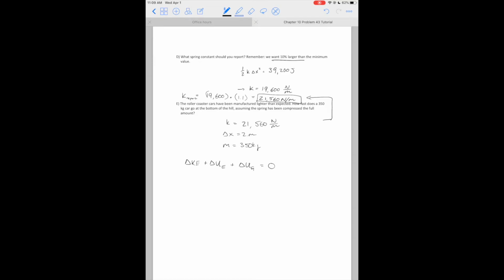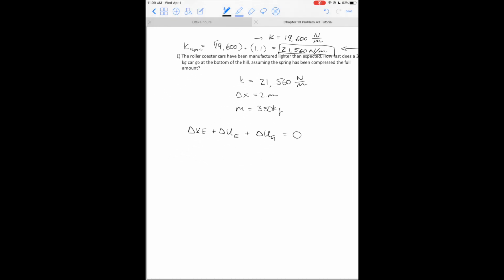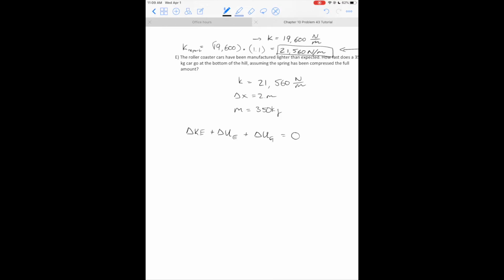We would say that there's some sort of friction in the system if we couldn't assume that. And so what I'm saying is, what's my initial kinetic energy, my initial gravitational potential, and my initial elastic potential energy? That should all equal KE final, my final potential energy due to gravity, and my final potential energy due to spring forces.